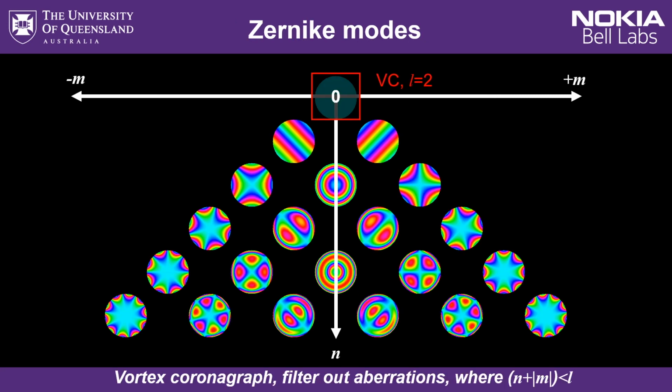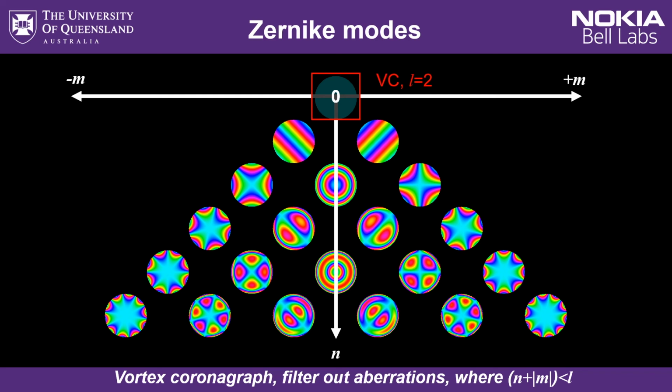For a vortex coronagraph, to decrease sensitivity to aberrations, you keep the topological charge of the phase mask larger than the sum of the Zernike indices you want to suppress. So starting with charge equals 2, then we're only filtering out the piston term, the on-axis term, which is just as well because otherwise you wouldn't have a coronagraph. If you don't at least remove the on-axis term, then you're not removing the starlight. So in the simplest of scenarios, we've got maximum throughput at small angles, but maximum sensitivity to aberrations.